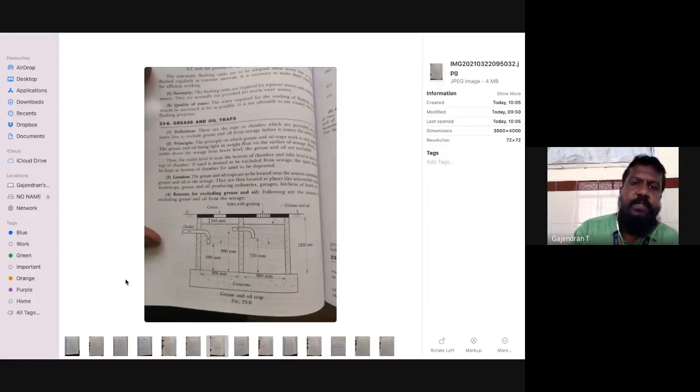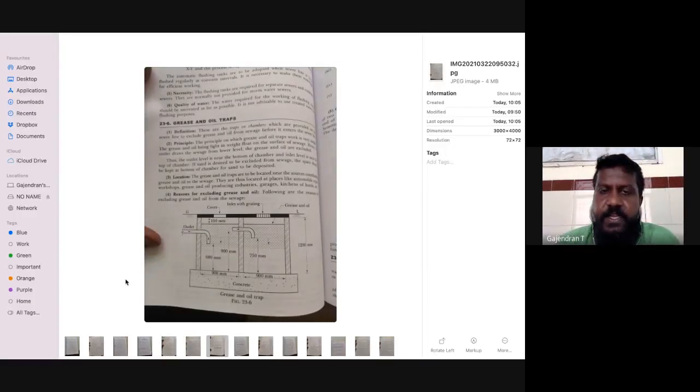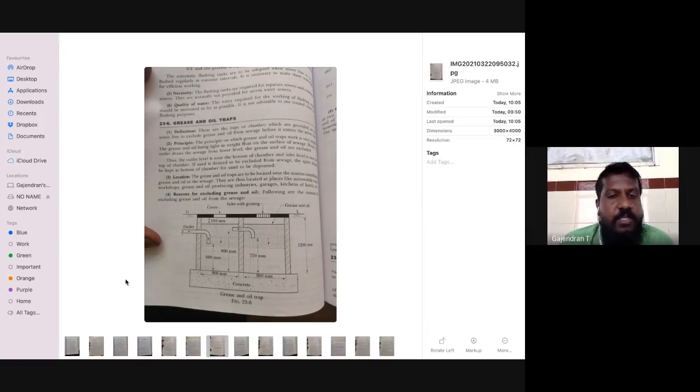Okay, let me finish up. The grease and oil traps. The grease and oil traps are primarily used in industries where grease and oil are involved. As I told you, any sewage which comes out of the industry has to go through a preliminary treatment before entering the sewage.